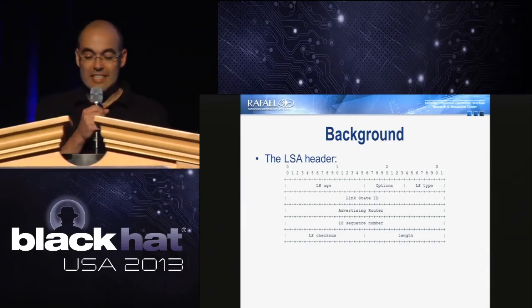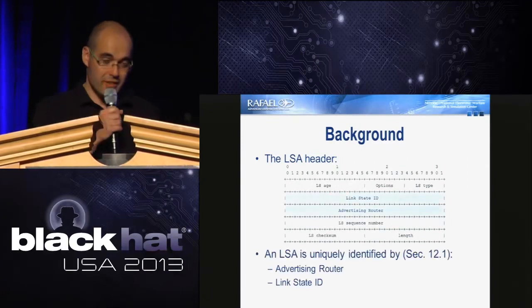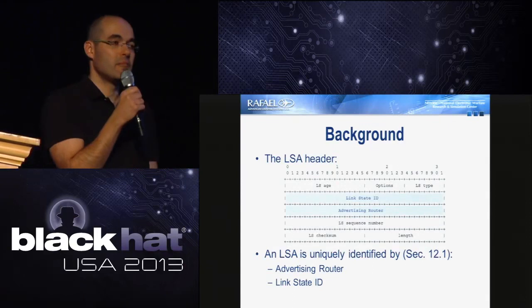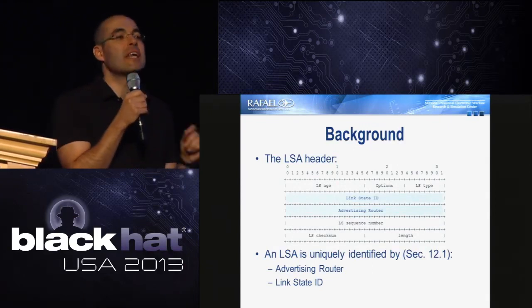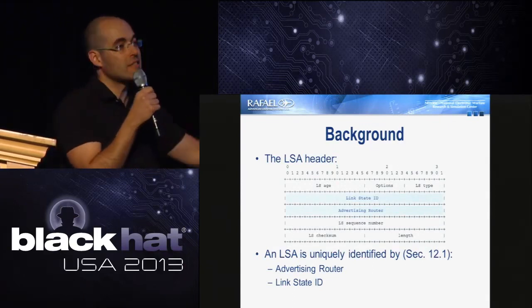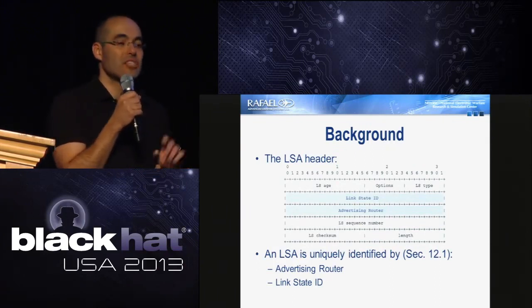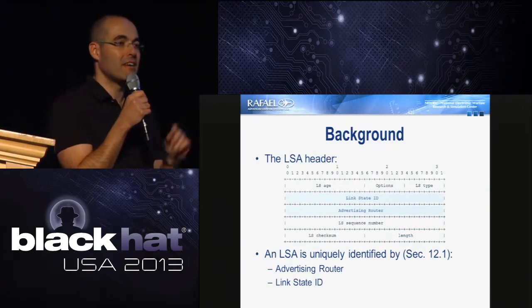Now, in section 12.1 in the RFC, it says that an LSA is uniquely identified by these two fields, advertising router and link state ID. Actually, I'm bluffing here a little.